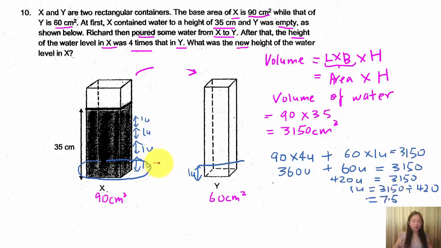Since 1U is 7.5 cm, we can now see that the new height of the water in X will be 7.5 multiplied by 4, and our answer will be 30 cm.